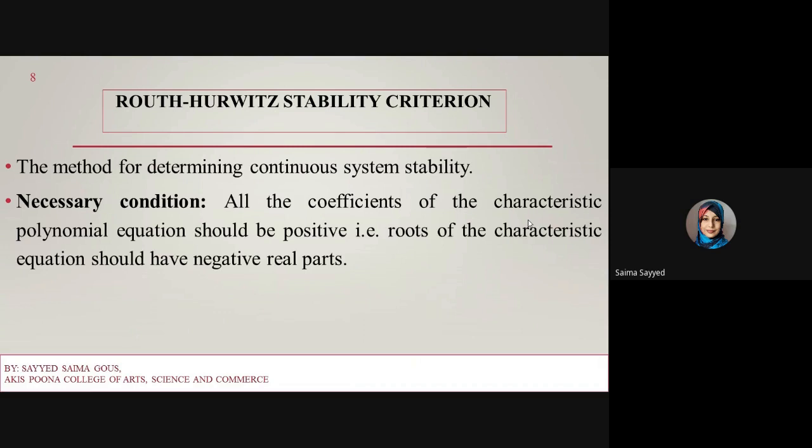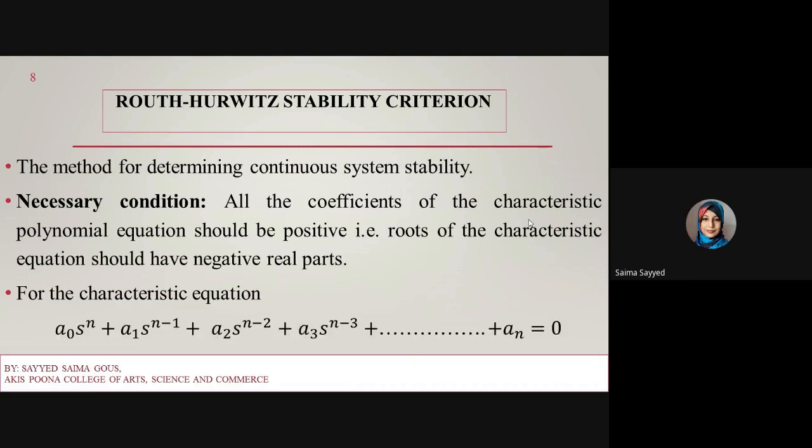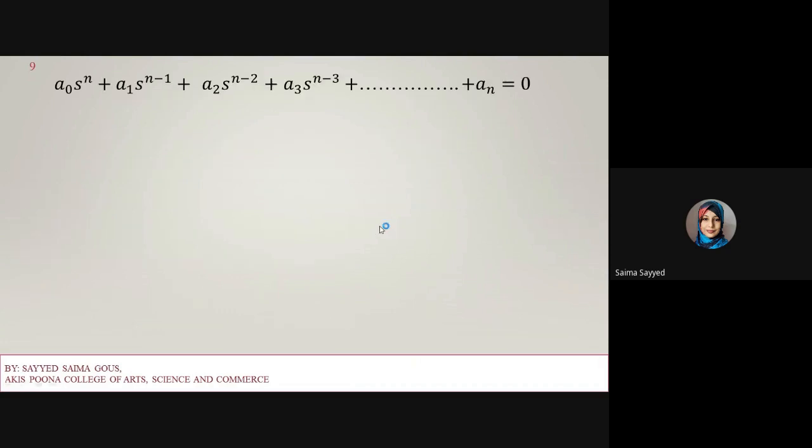That means the roots of the characteristic equation should have negative real parts. For the characteristic equation a0 s raised to n plus a1 s raised to n minus 1 plus a2 s raised to n minus 2 plus up to an is equal to 0.